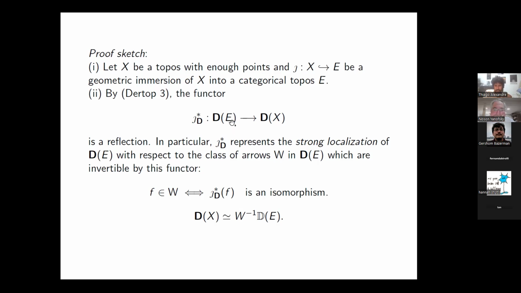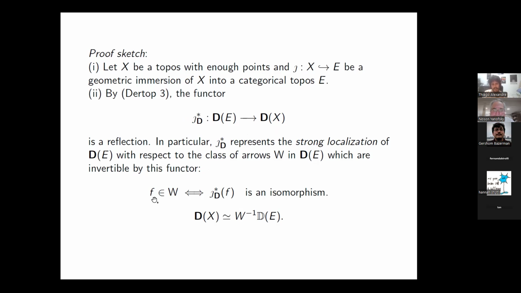Just remembering that here E is a categorical topos, so D of E depends only on the categorical restriction of D. And this functor actually exhibits D of X as a strong localization of D of E with respect to the class of arrows W in D of E which are invertible by this functor, right?